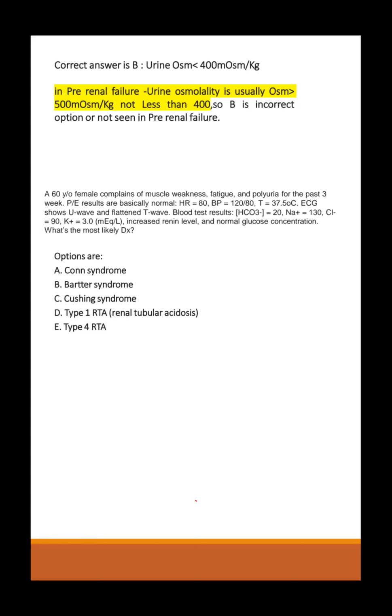ECG shows U wave and a flattened T wave. Blood test results: carbon dioxide 20, sodium 130, chloride 90, potassium 3.0 milliequivalent per liter. Increased renin level and a normal glucose concentration. What is the most likely diagnosis?